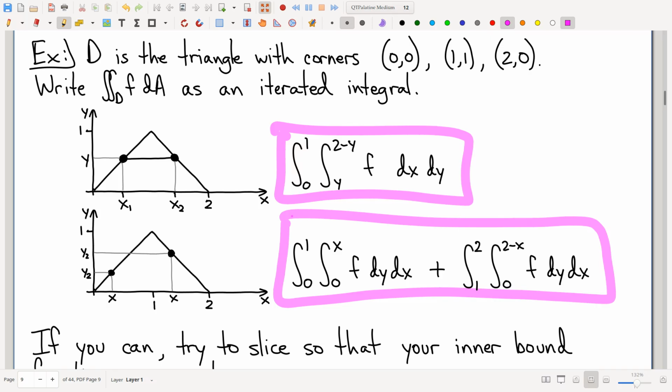I'm sure I could craft some anomalous weirdo example where, for peculiar reasons, these are two easy integrals and this is one really hard integral. It's always possible, but most of the time you want to avoid this second case because that's twice as many integrals.